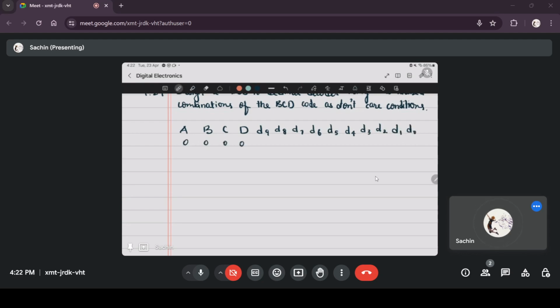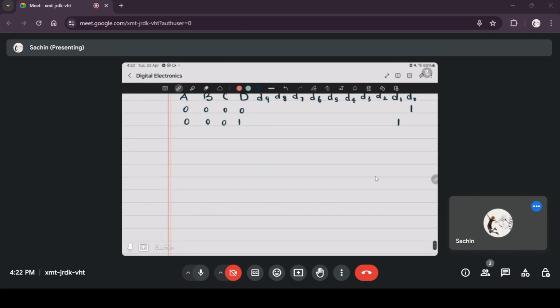That is, if the input is the BCD number 0, then we will select D0. If it is 1, we will select D1. If it is 2, we'll select D2. 3, you select D3. For BCD 4, you select D4. BCD 5, you select D5.